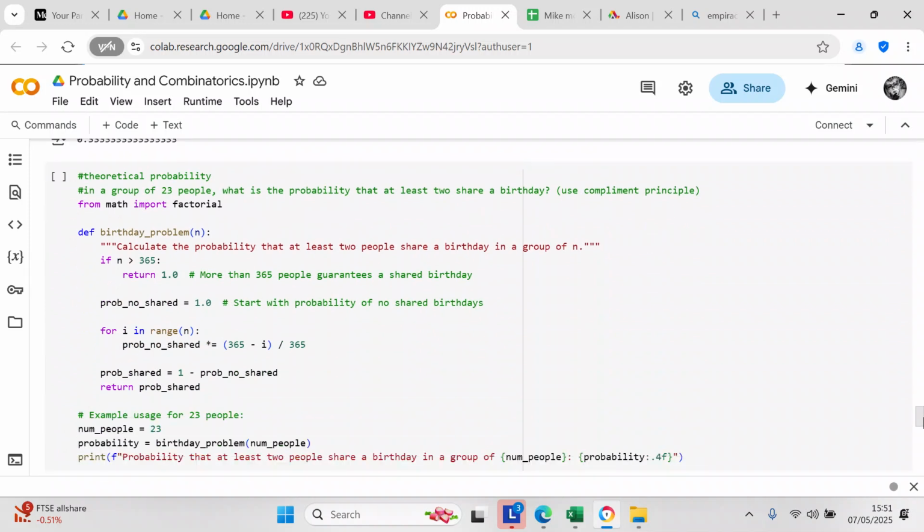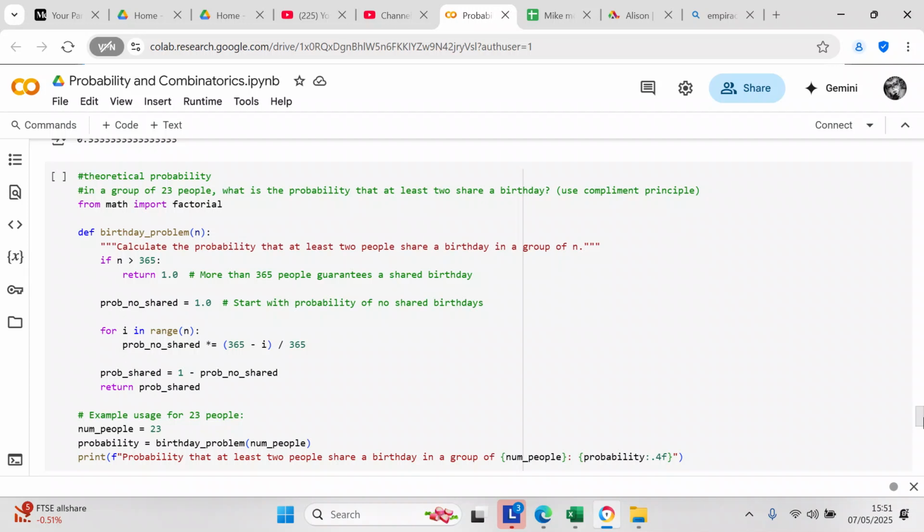The next question we have is, in a group of 23 people, what is the probability that at least 2 share a birthday? And you have to use the complement principle. So from math, we're going to import factorial, and then we're going to create a function to do that.